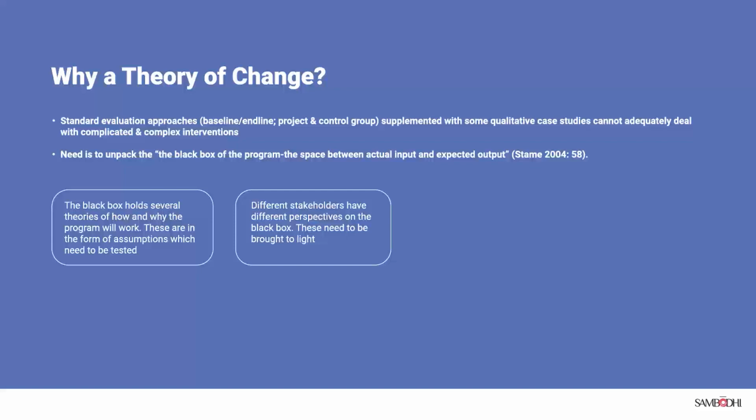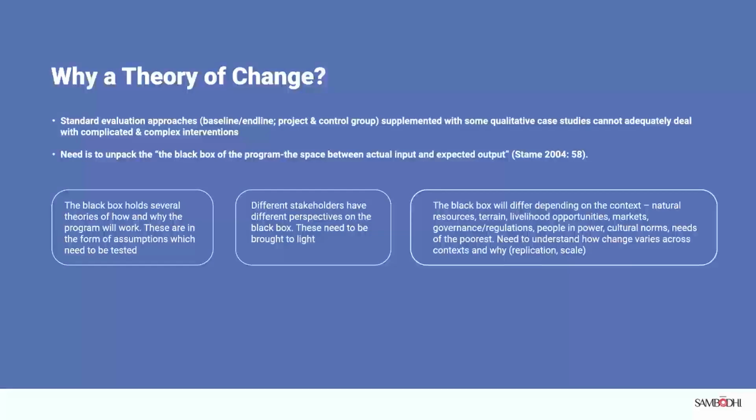However, stakeholders may have different perspectives on the black box, which need to be brought to light. Additionally, the black box may differ depending on the context, including natural resources, terrain, livelihood opportunities, markets, governance, regulations, people in power, cultural norms, and the needs of the poorest. It is important to note that change varies across contexts due to the scale of the program and its potential for replication.